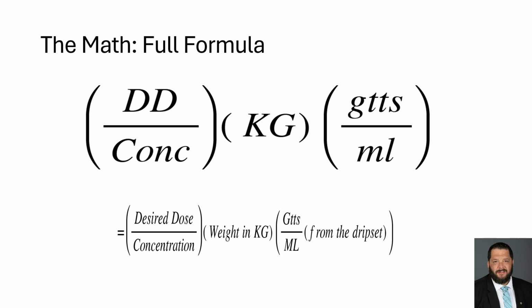For most cases in EMS, when we're giving a medication infusion, we're using a 60 drop set. So the term you would typically use to multiply would be 60 drops per milliliter. GTTS is the abbreviation for drops.